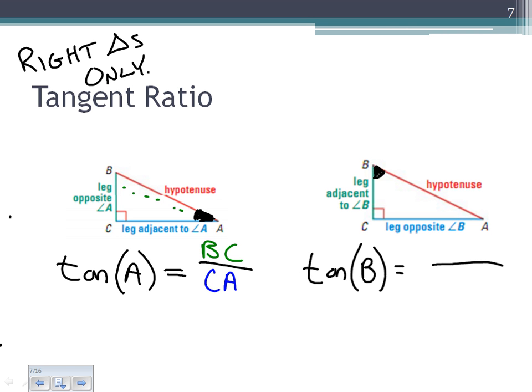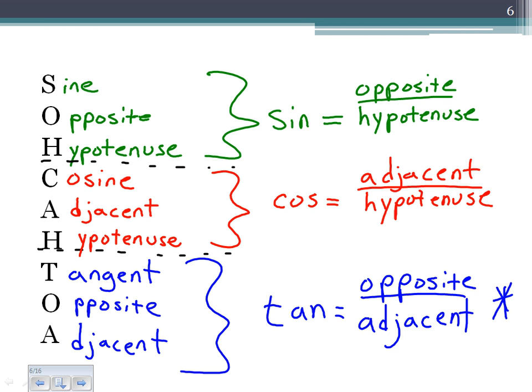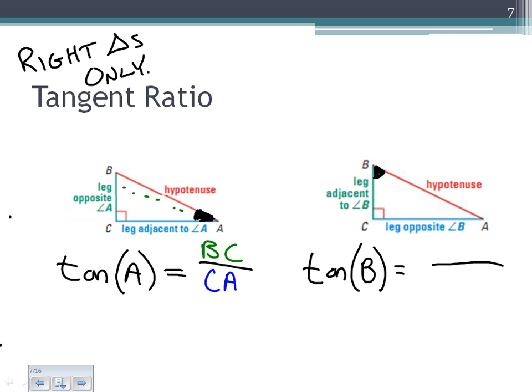And if we look at our tangent ratio on the bottom in blue, is the hypotenuse part of that? No. So what do we need on top? Opposite. Which one's opposite here? I'm sorry? How many letters do I need for a line? CA. Thank you. So the opposite is CA.